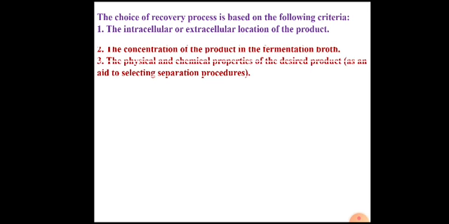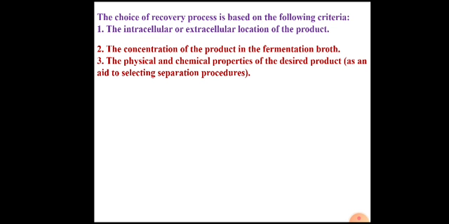Now, the choice of recovery process is based on the following criteria. First one is the location of the product, whether it is present inside the cell or whether it is secreted out, so whether it is intracellular or extracellular. Accordingly, we can choose a particular method for purification. Second one is the concentration of the product in fermentation broth.